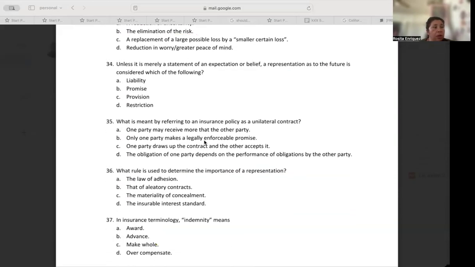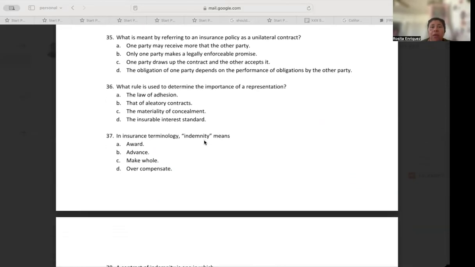35. What is meant by referring to an insurance policy as a unilateral contract? Unilateral is just one side, right?